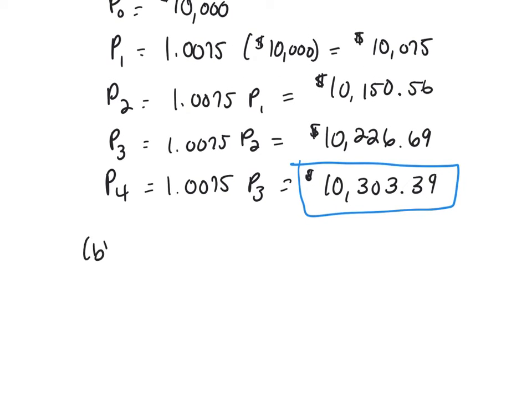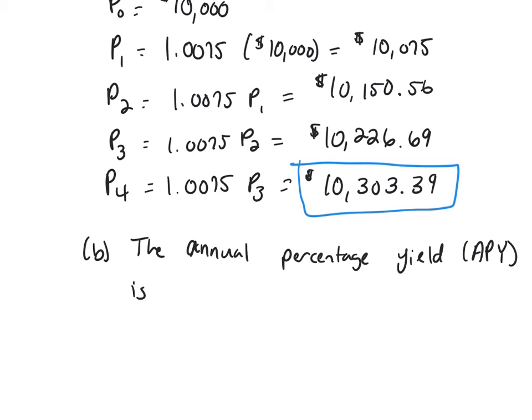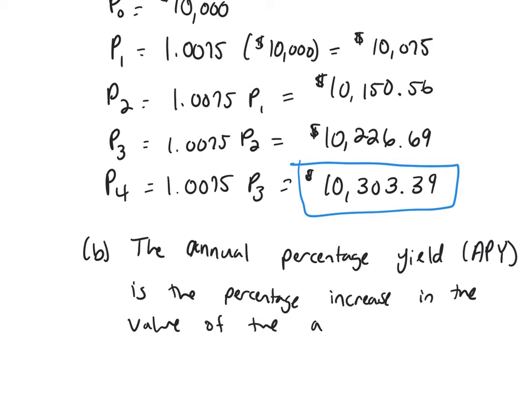So the last thing we want to know is about something called the annual percentage yield. This is usually abbreviated APY. It's the percentage increase in the value of the account over a 1-year period.